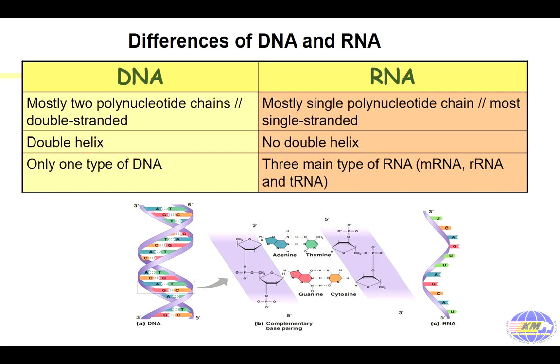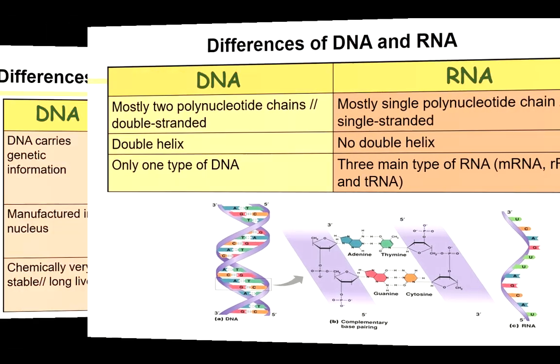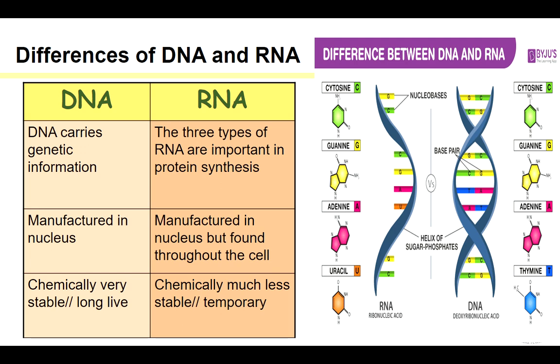There is only one type of DNA, whereas there are three main types of RNA: mRNA, tRNA, and rRNA. DNA carries genetic information, whereas the three different types of RNA are important in protein synthesis.